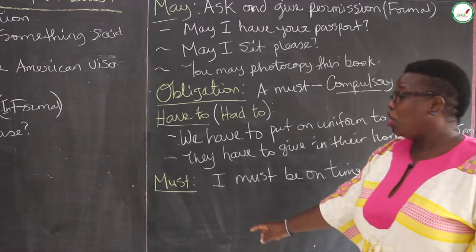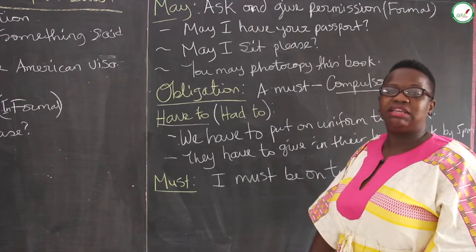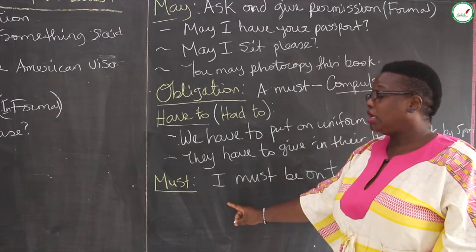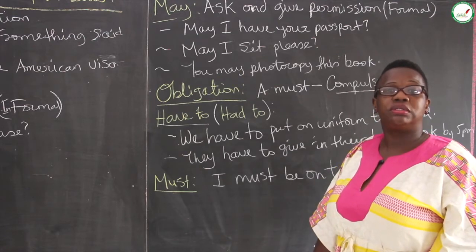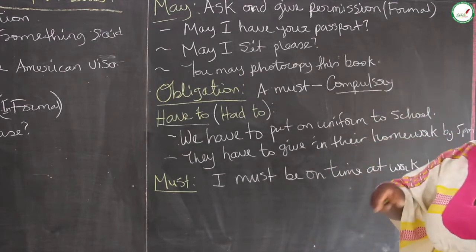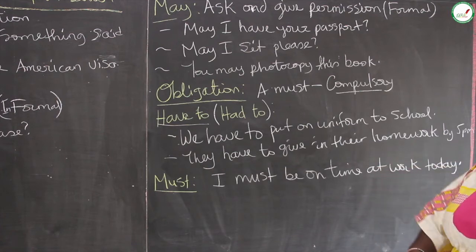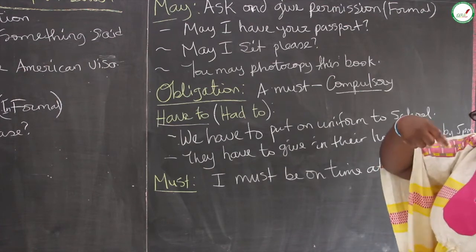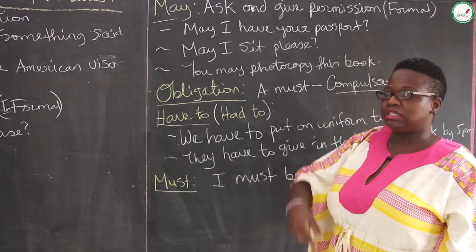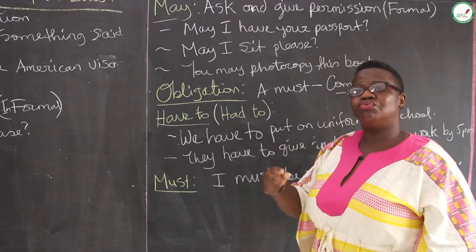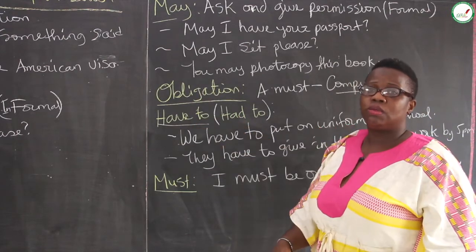Paul and Mary must finish the vegetables. So these are rules that you make. It's a must, an obligation that talks about the speaker him or herself. Whereas have to is a rule that you follow.